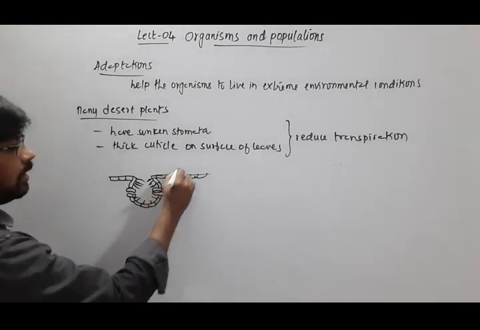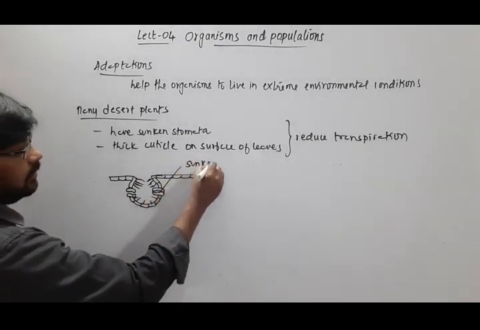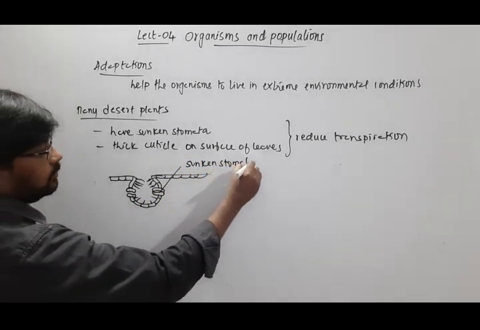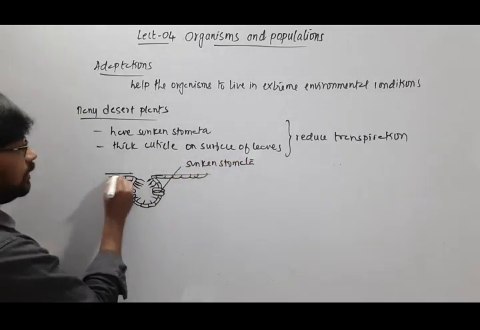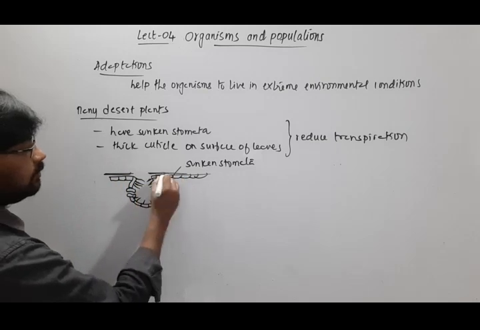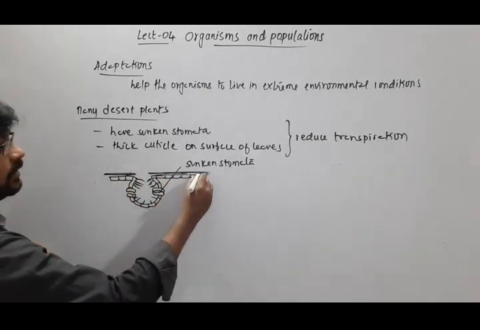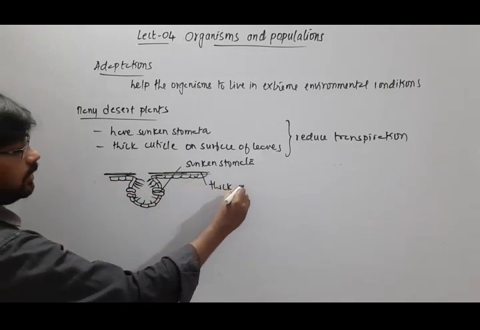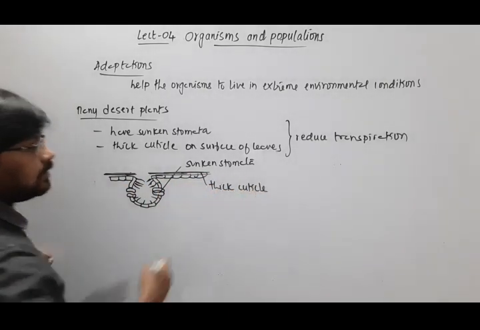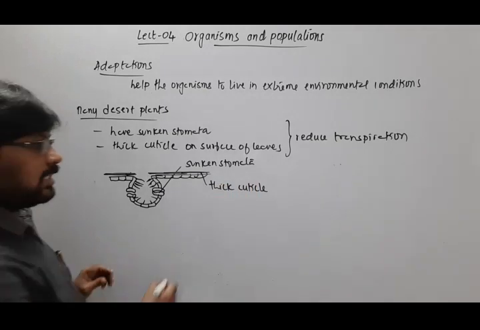These are the sunken stomata, and you can see here the presence of a thick cuticle. The thicker the cuticle, the less is the transpiration.